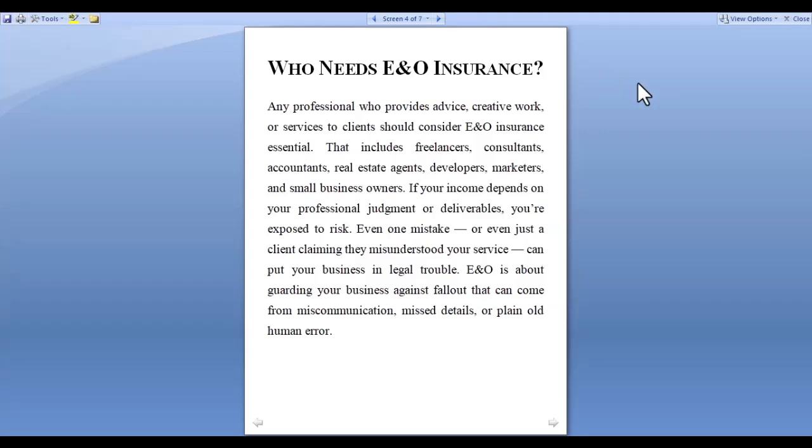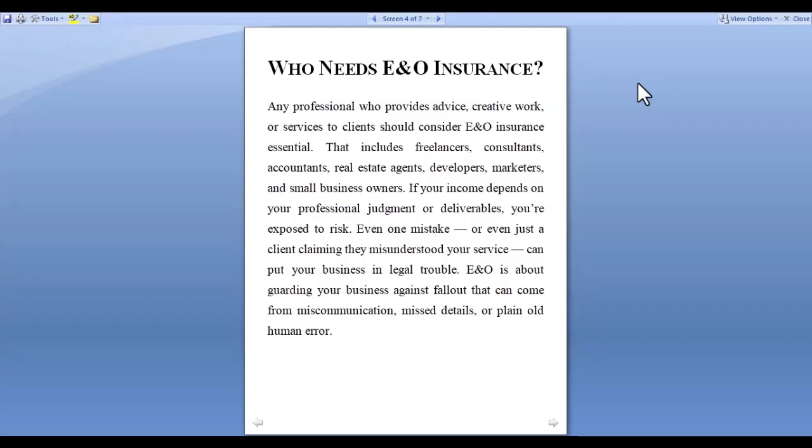The next page just says who needs E&O insurance. Any professional who provides advice, creative work, or service to clients should consider E&O insurance essential. These include freelancers, consultants, accountants, real estate agents, developers, marketers, and small business owners.